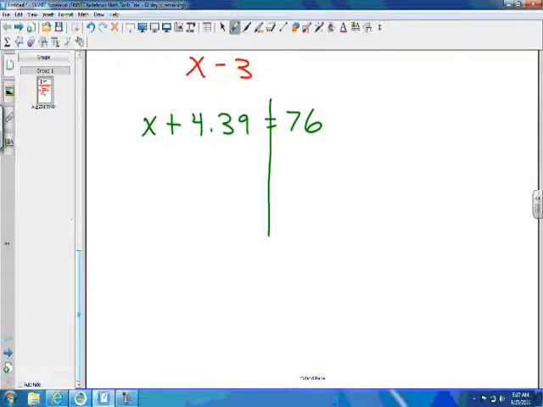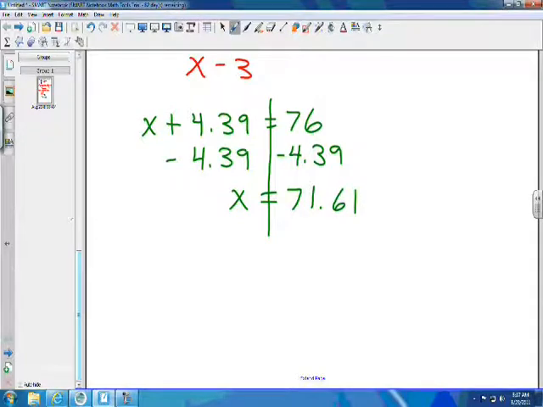We got to get rid of this plus 4.39, so what would be the inverse? Subtract 4.39 from both sides. We should all be typing that in, and somebody give me the answer. 71.61. Okay, pretty simple. That's a one-step problem.